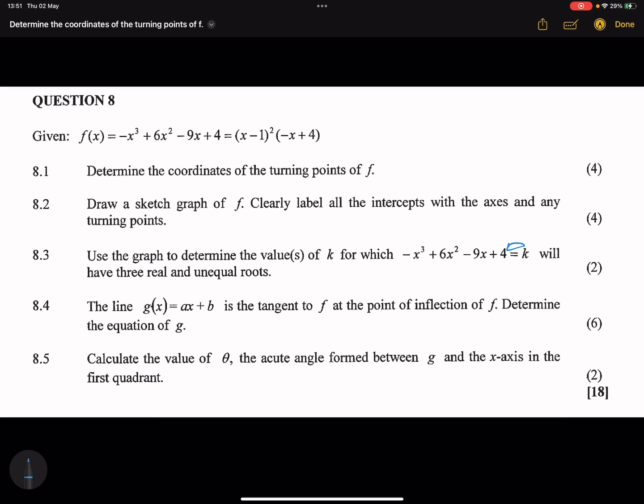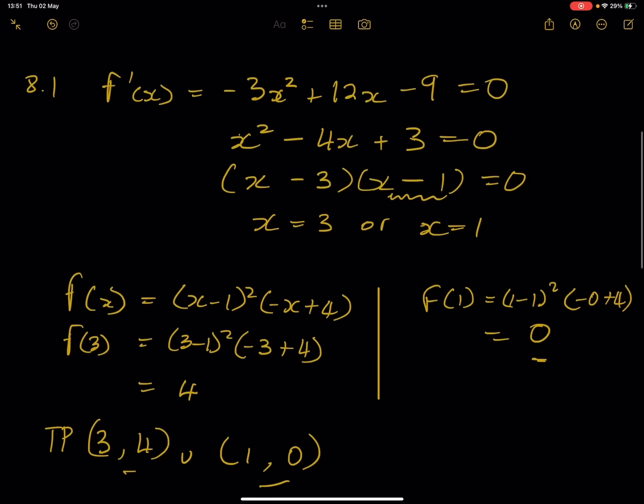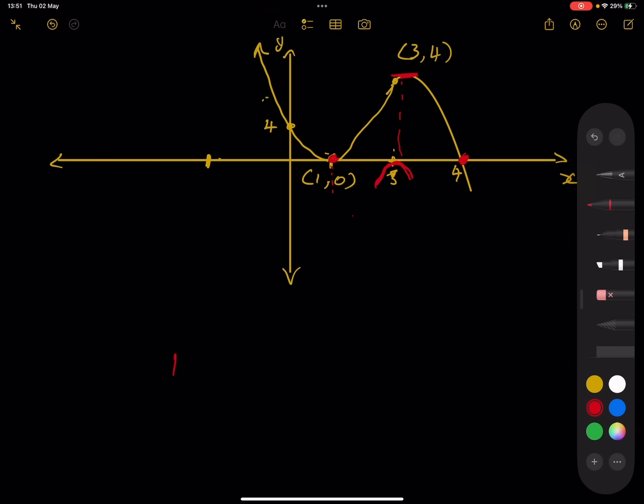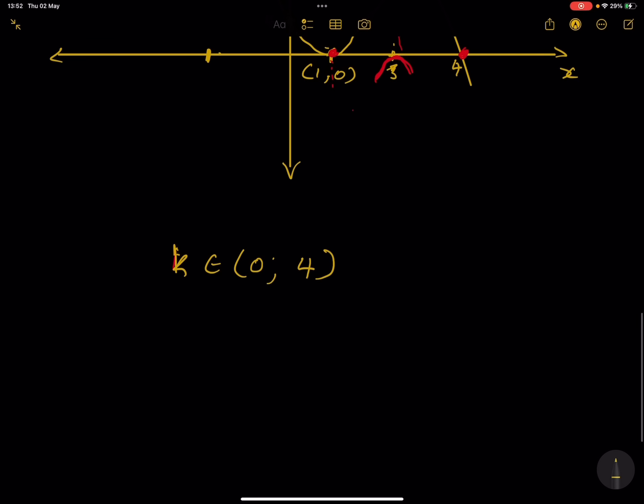So k should be an element of, just for consistency, keeping to the same color, 0 to 4. It must not be 0, but it must be less than 4. It must not be equal to 4 either.